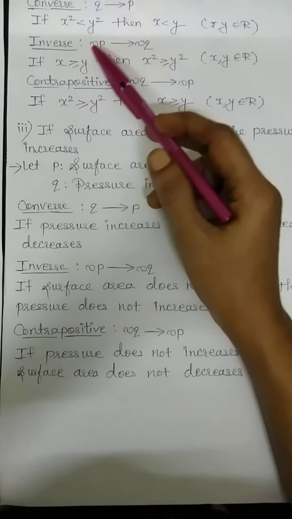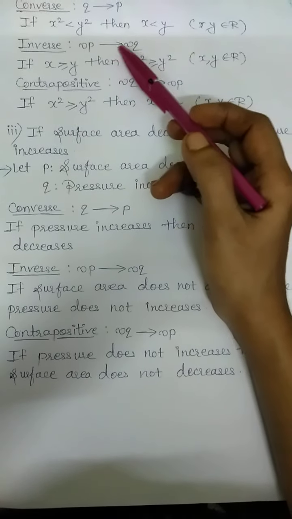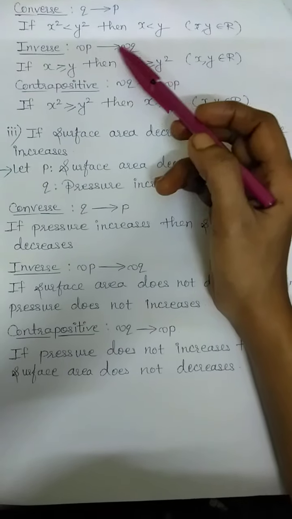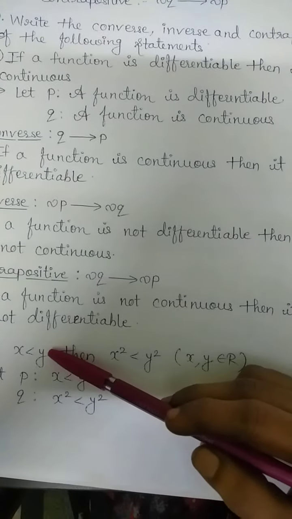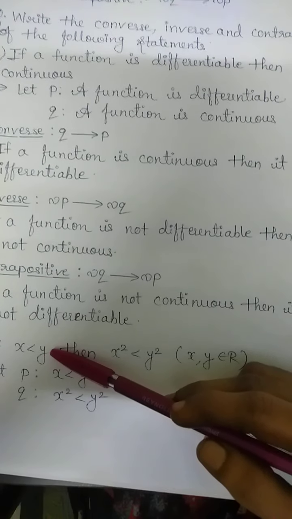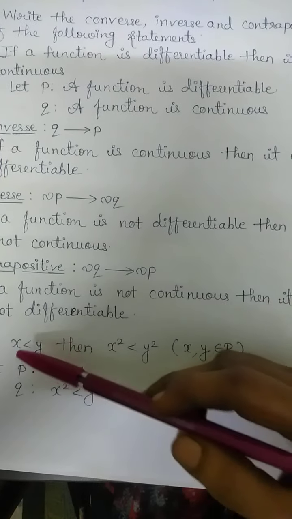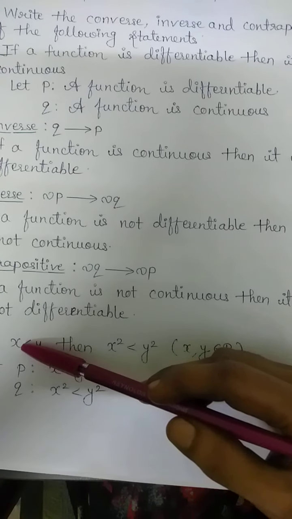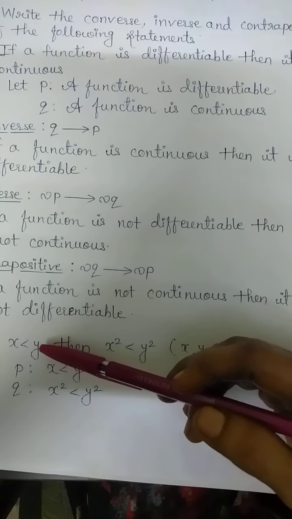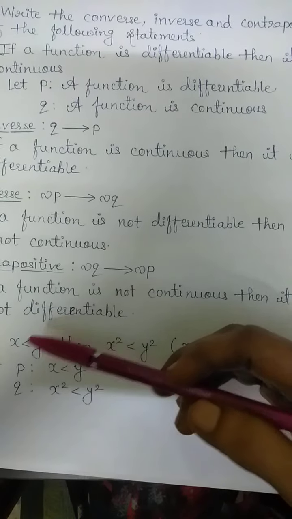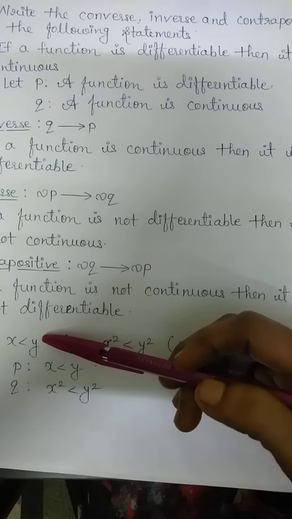Now inverse is given by negation of P implies negation of Q. Now we know that whenever this type of notation is given, suppose x is less than y and we need to write the negation, in that case either we write x is not strictly less than y or we write x is greater than or equal to y.